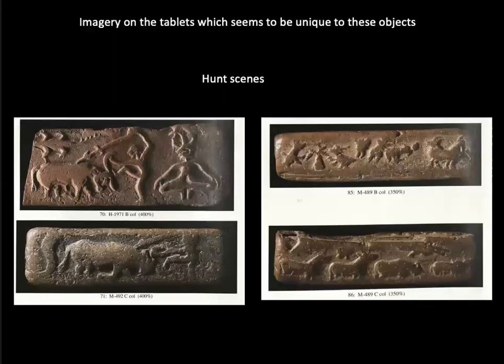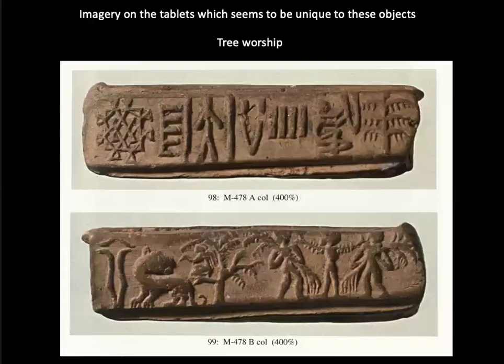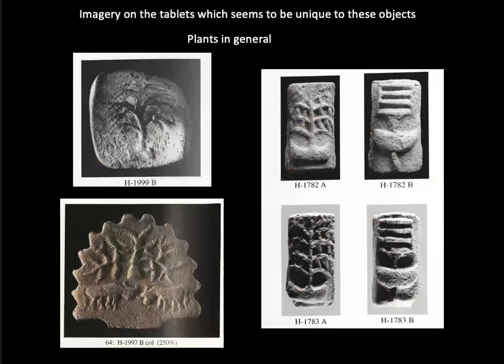Finally, however, there's a large corpus of imagery found on rectangular molded tablets that seems to be unique to these objects. Scenes like hunting scenes, or scenes of tree worship, or just imagery of plants in general that seem to be unique to these objects.